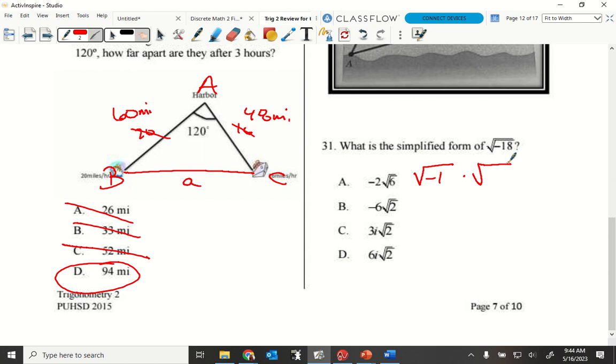A perfect square inside 18 would be 9 times 2. If I put all these back together, negative 1 times 9 times 2 is negative 18. The square root of negative 1 is i. The square root of 9 is 3, so that's 3i. And what's left over? Radical 2.